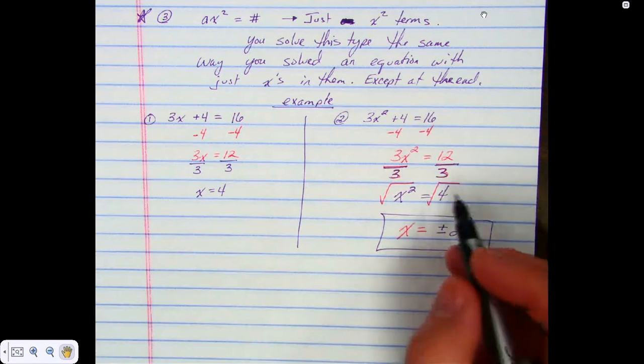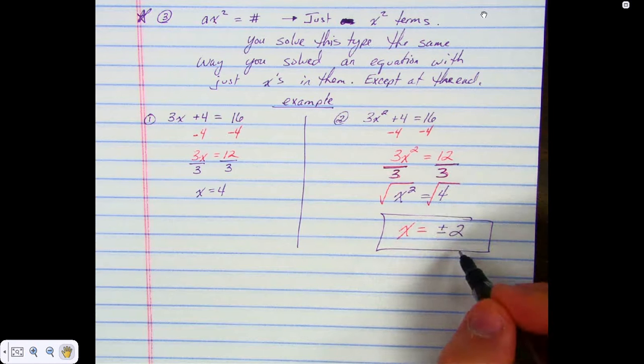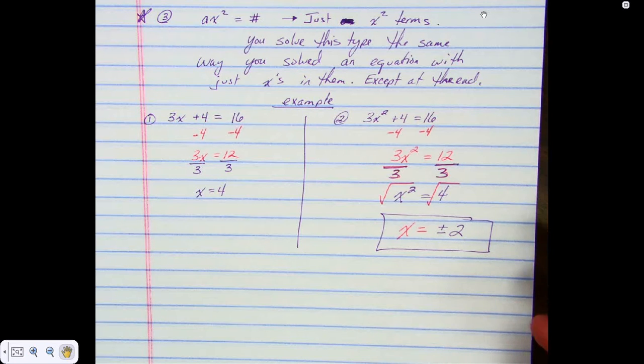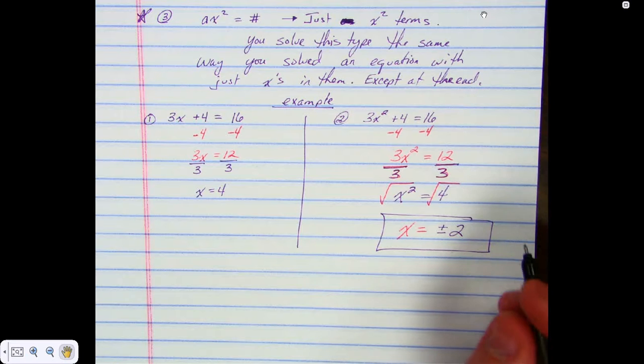Now, the nice thing is this was a square root that came out even. You're going to get some that don't. For now, put it into your calculator, round it to the nearest hundredth, let's say, on the worksheet. But put positive and negative.